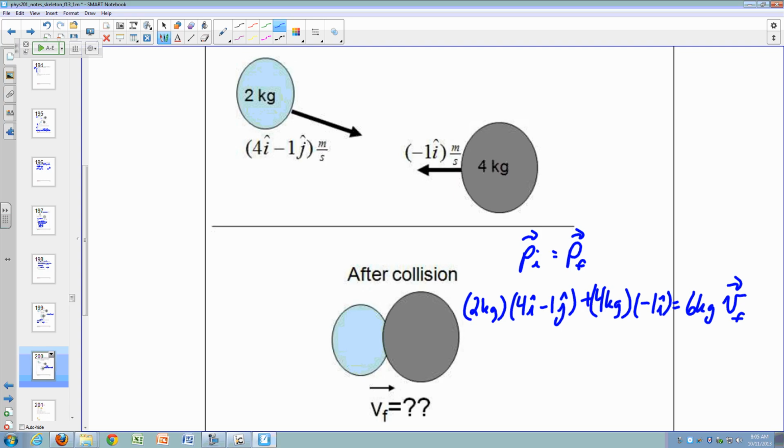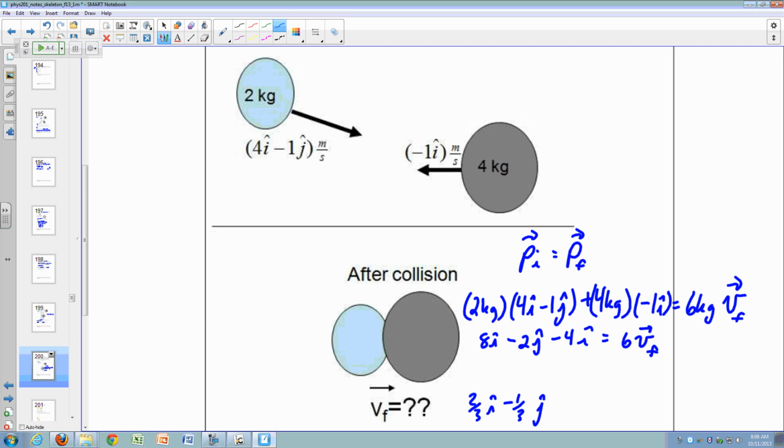Answer? What'd you get, Lou? Okay. Y'all agree with that? 0.67 minus 1.33. All right, let's try it out. So I get 8i minus 2j minus 4i equals 6vf.